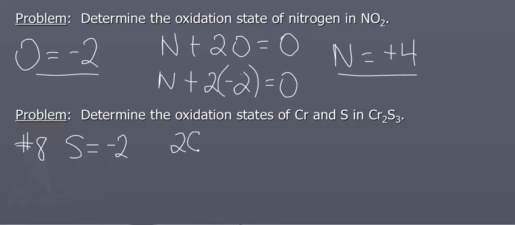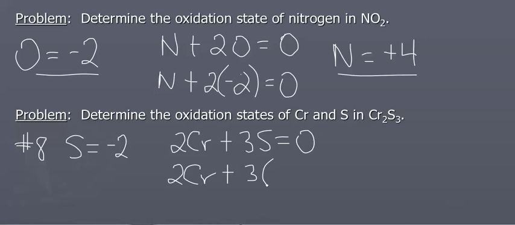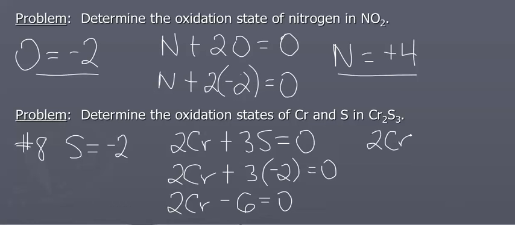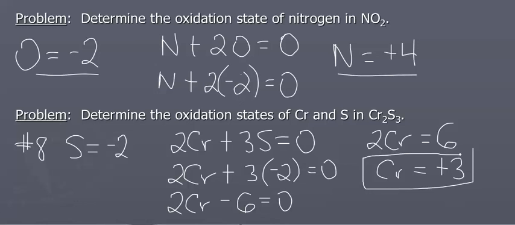We're going to take 2 chromium plus 3 sulfur, and the sum of charges, it's a neutral compound, is 0 again. So I know sulfur, plug in its value here, -2, set it equal to 0. So I have 2 Cr minus 6 equals 0. Simplify this. So each chromium has a charge of +3. So chromium's +3, sulfur is -2.